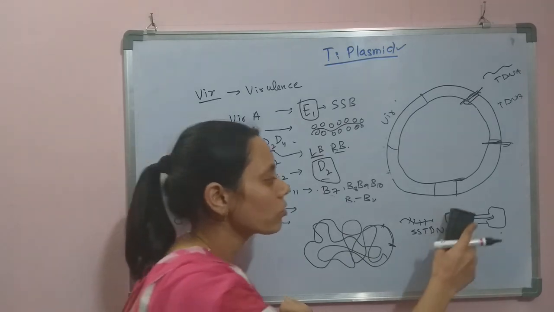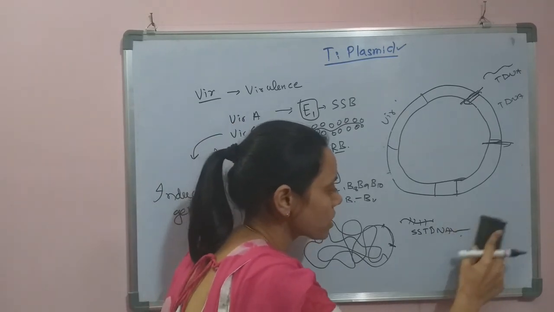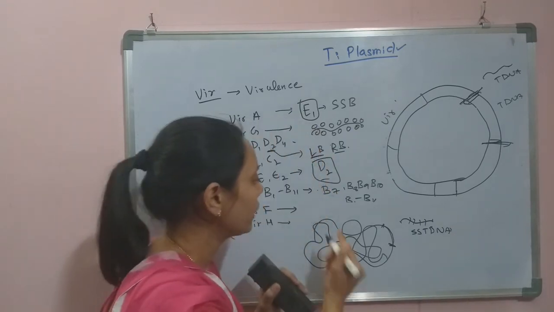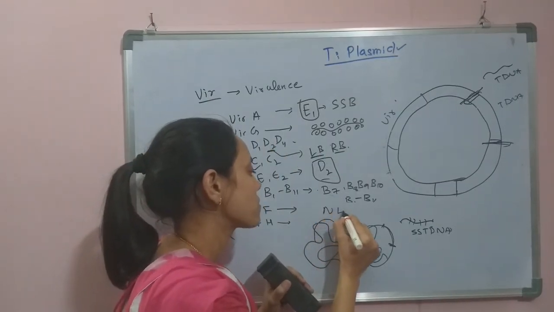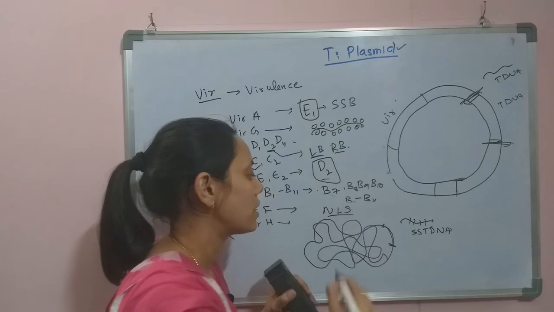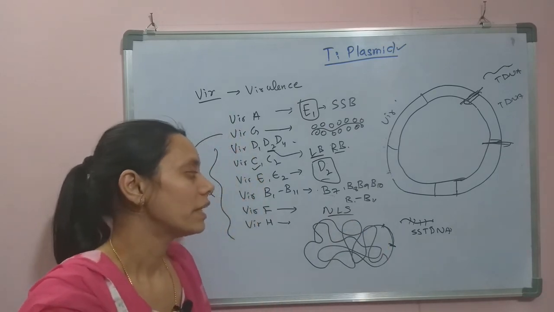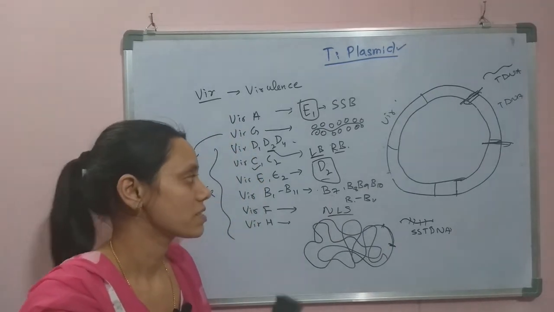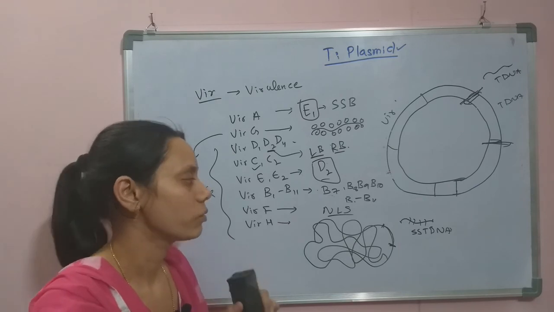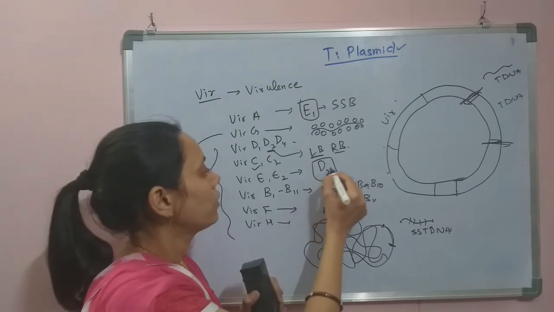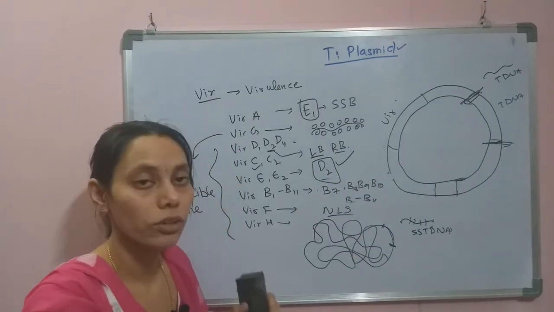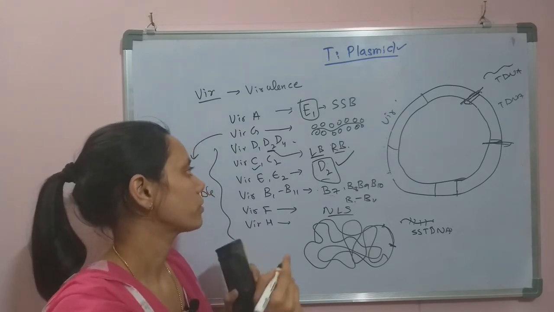So in order to cross the nucleus, it needs to have some sequences called nuclear localizing sequences or NLS. These signals will be present on the product of the D2 gene and also E2.